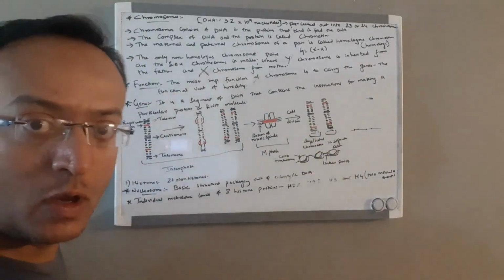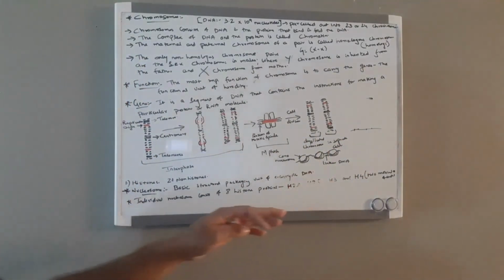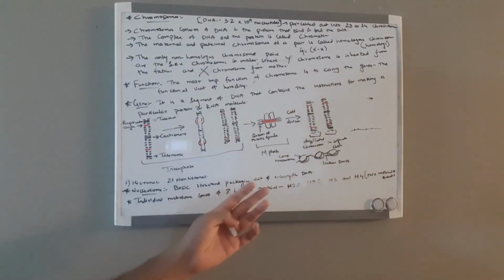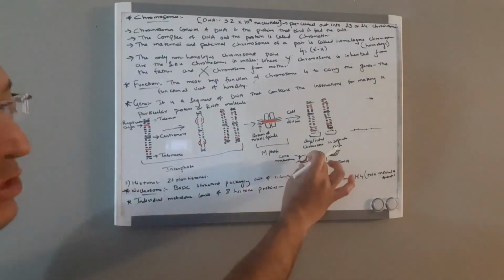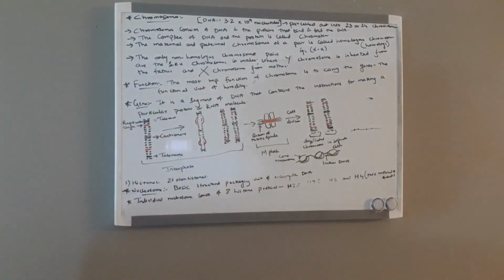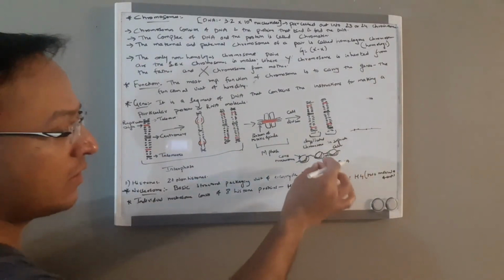So, for example in a test tube, the nucleosome core particle can be released from the chromatin by digestion of the linker DNA with a nuclease, right?